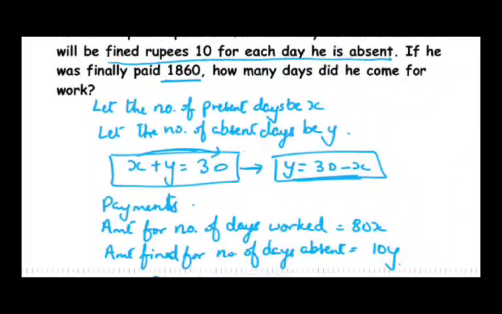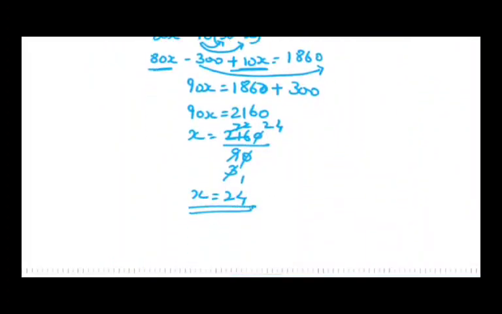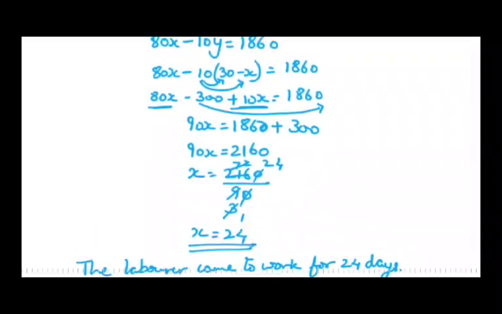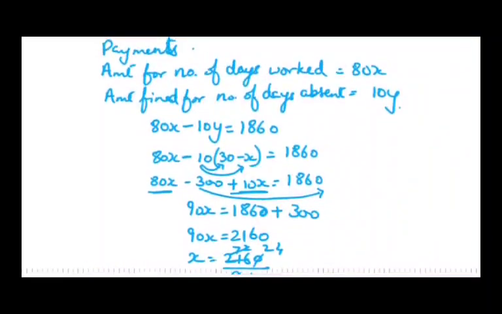How many days did he come for work? So he came for 24 days. Correct? So the laborer came to work for 24 days.